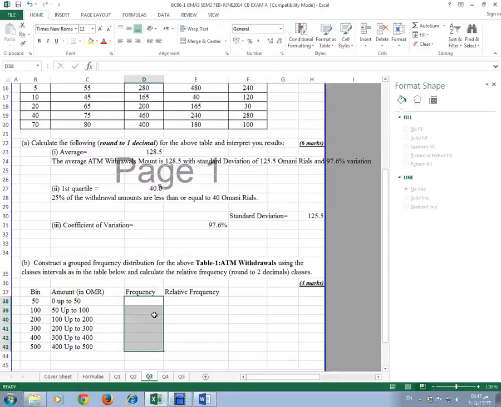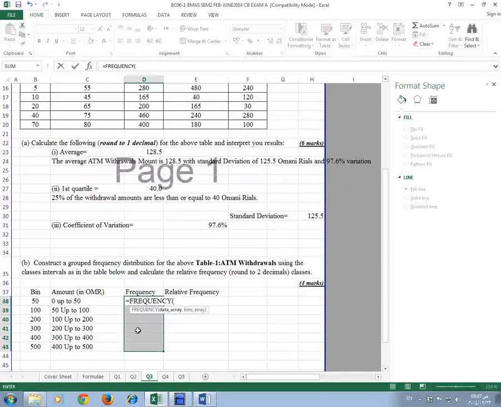So we write equal FR, then you see frequency, double click frequency. When you double click, you see frequency, then data. It means where is your data, then comma bin. Just follow what is required here and then you will find the answer.